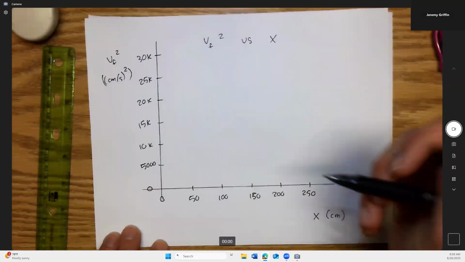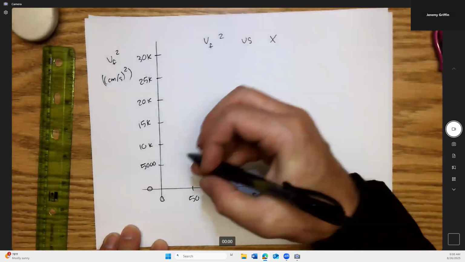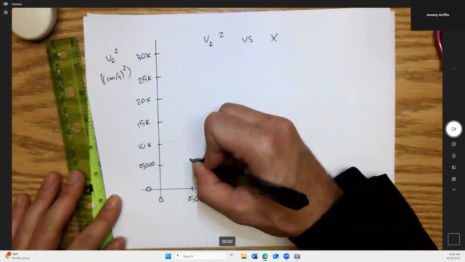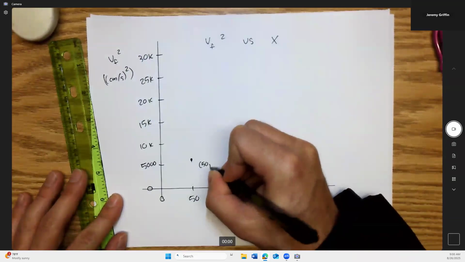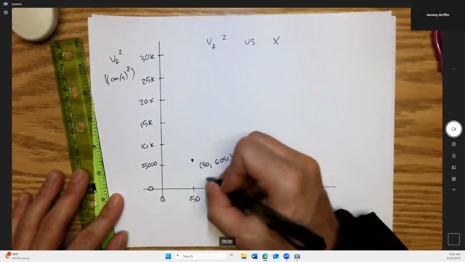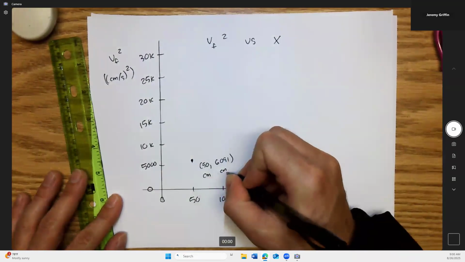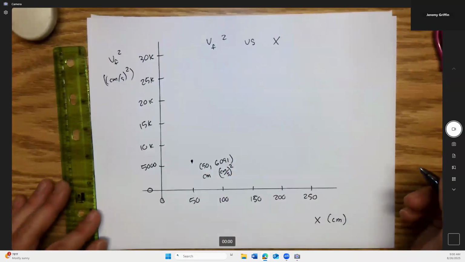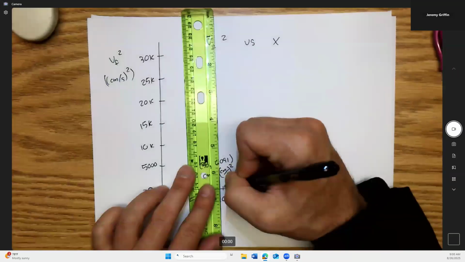All right, so what's one coordinate here? 50, it was at 6,091. So 50, 6,091. Okay, yeah, these would all be in centimeters and centimeters per second collectively being squared. All right, let us get 100 was 11,470.